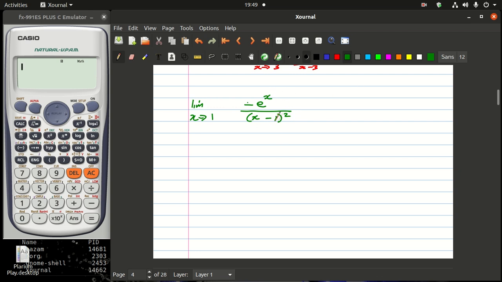What will be the limit of this? The first thing that you do, you plug it in. If you plug in here, you will have minus e to the power 1, or just minus e, and then in the denominator 1 minus 1 squared, so minus e divided by 1 minus 1 is 0, 0 squared is 0.